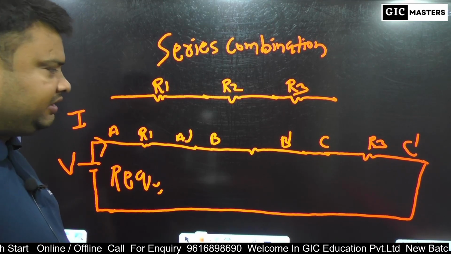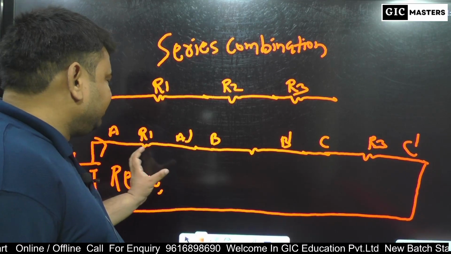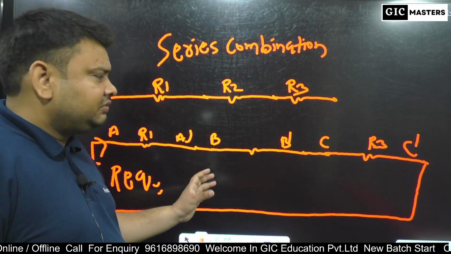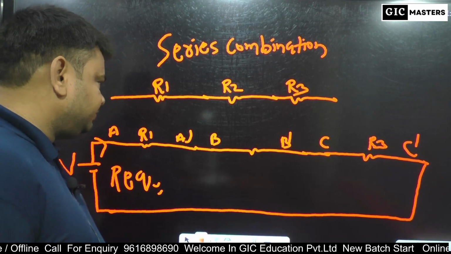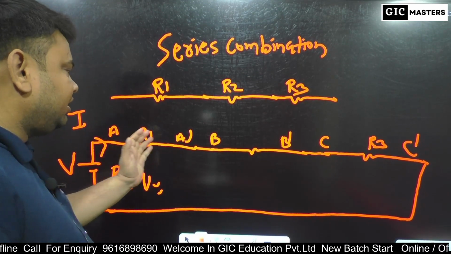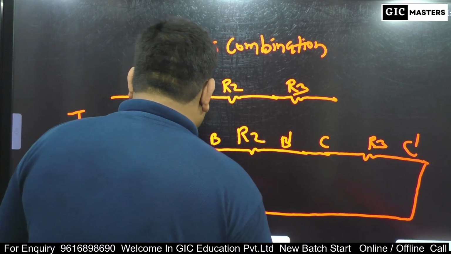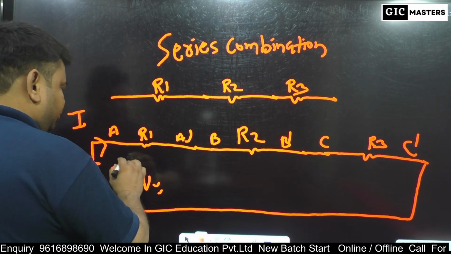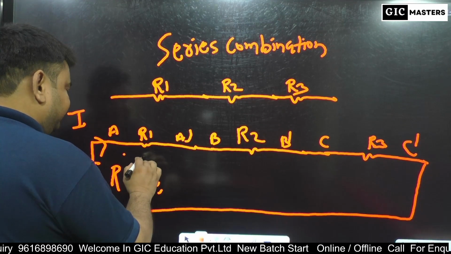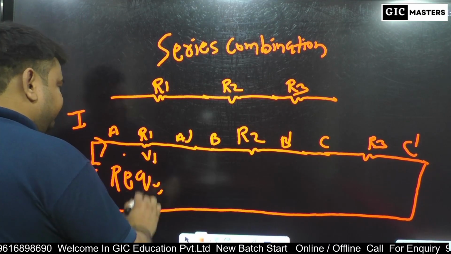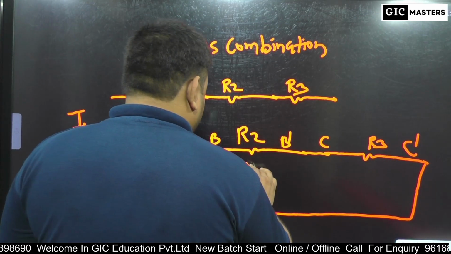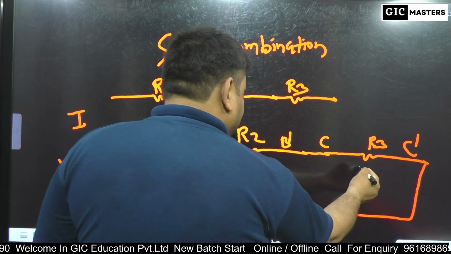In series connection, the same current flows through each resistor. So the voltage developed across R1 is V1, across R2 is V2, across R3 is V3.